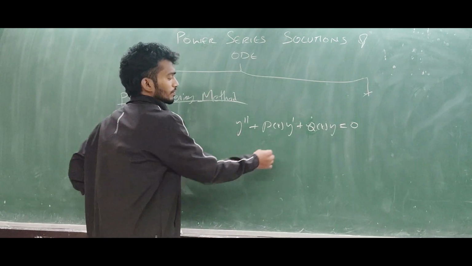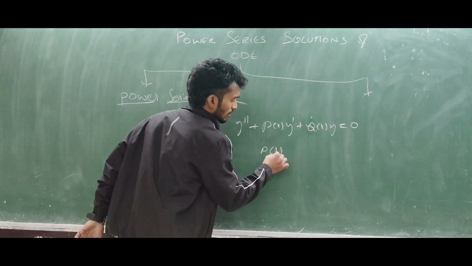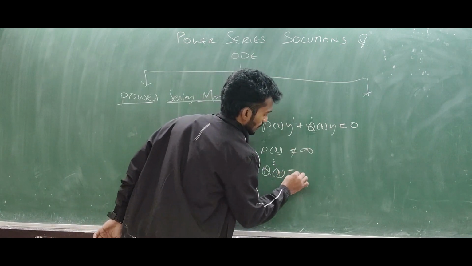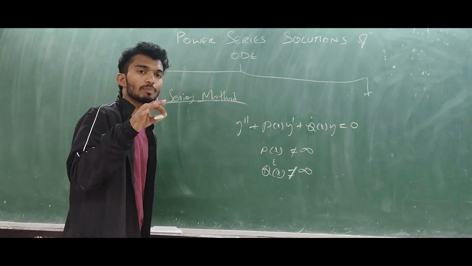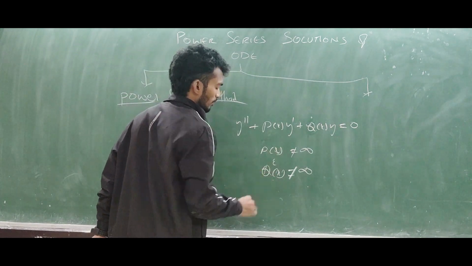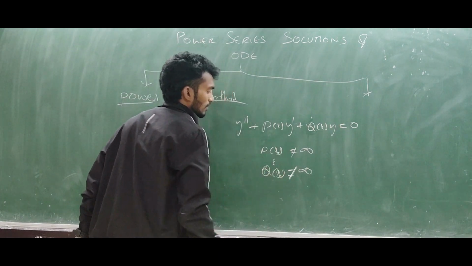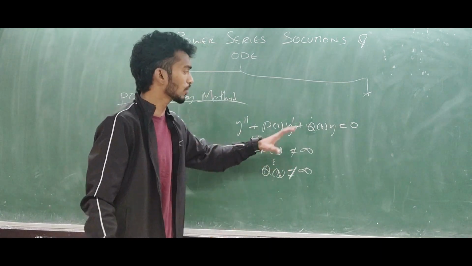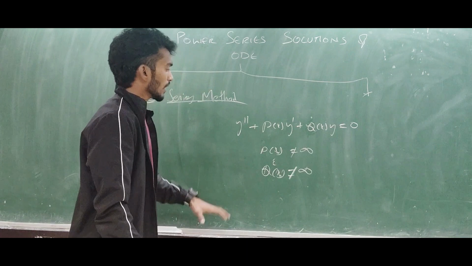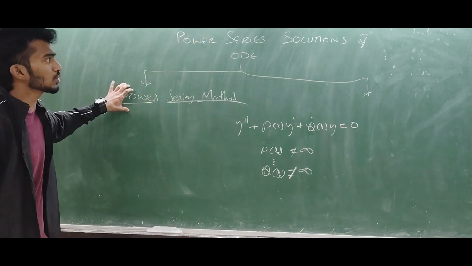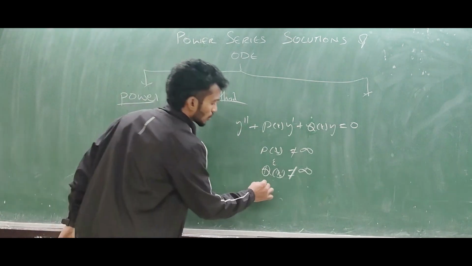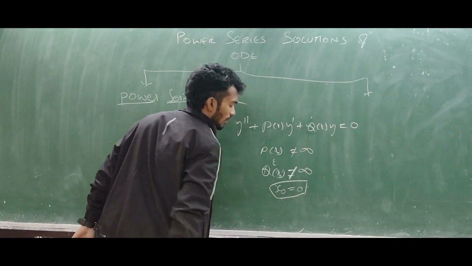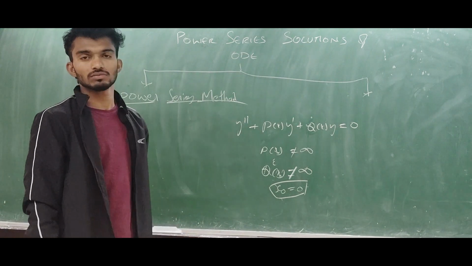In this equation, if p of x and q of x are finite at a particular point x naught, then x naught is said to be an ordinary point of the given differential equation, right? So to use the power series method to find the solution, x naught should be 0. That is, the ordinary point should be 0.